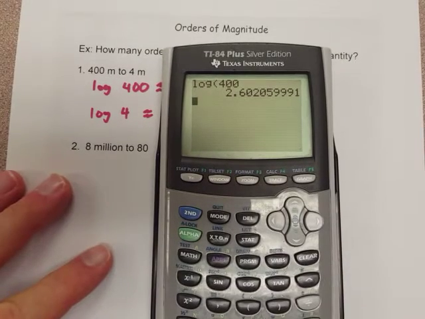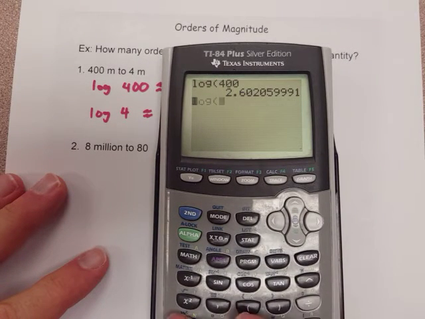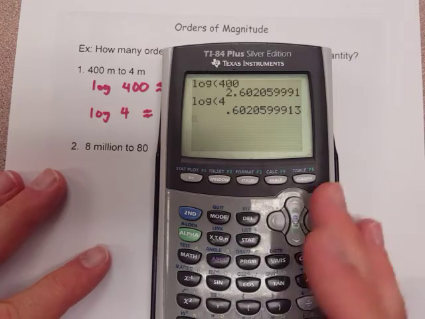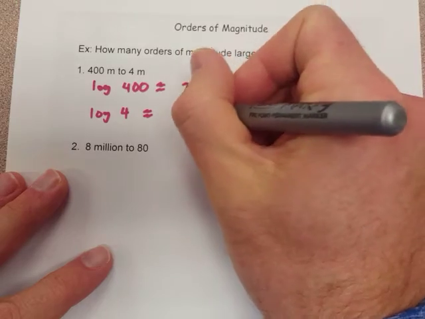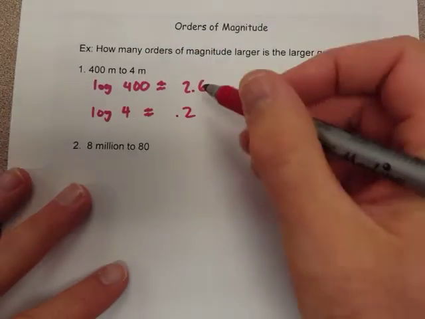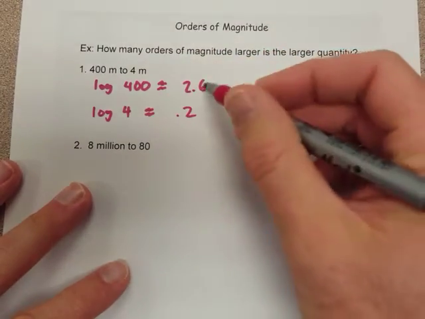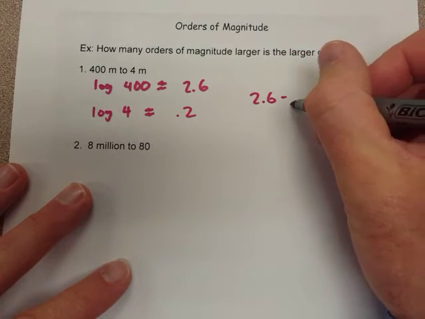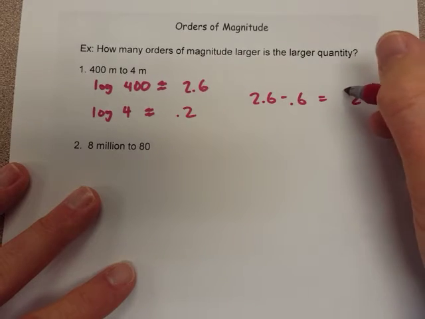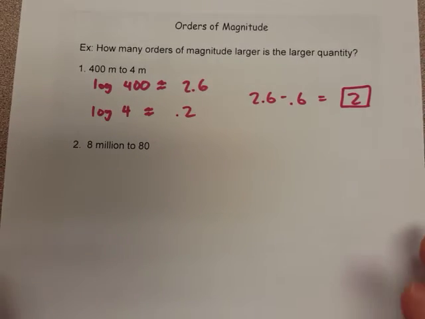Then we want to do the other one, and that is log of 4. And that's really, really close to 0.6. So how many orders of magnitude bigger is this one to this one? Well, we just subtract those two numbers. 2.6 minus 0.6, that is 2 orders of magnitude difference.